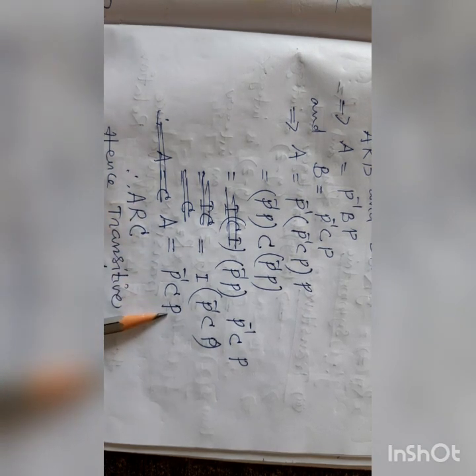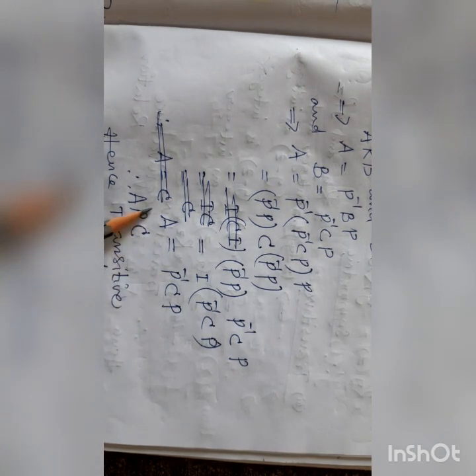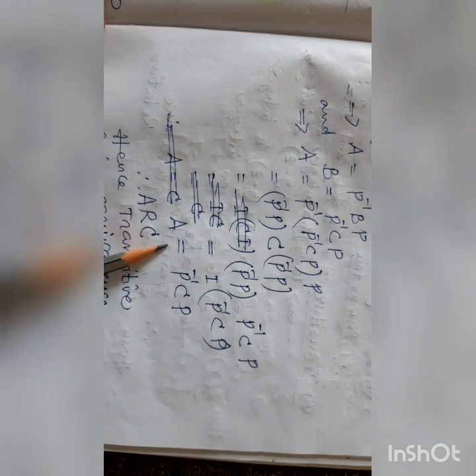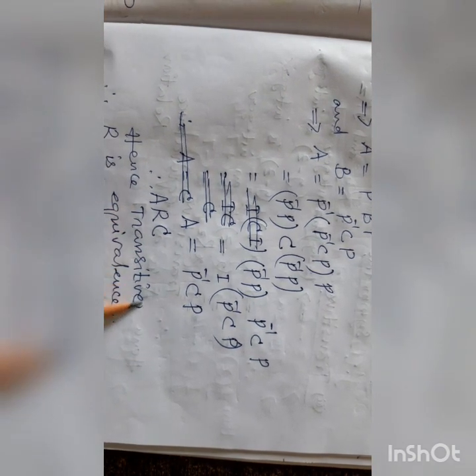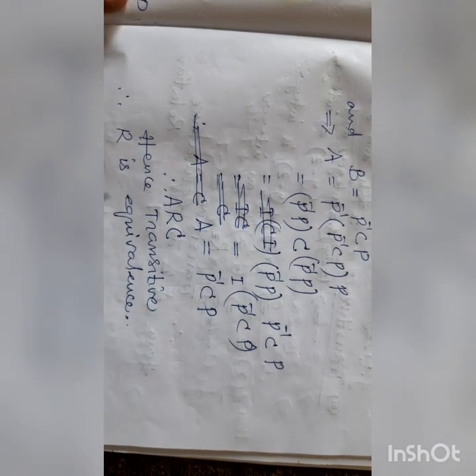What is this? According to the given condition, this is nothing but A is related to C, hence transitive. R is an equivalence relation.